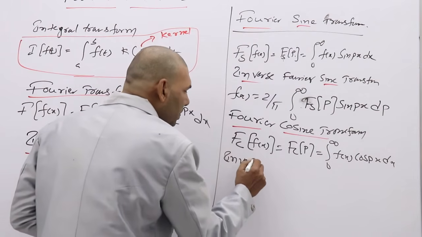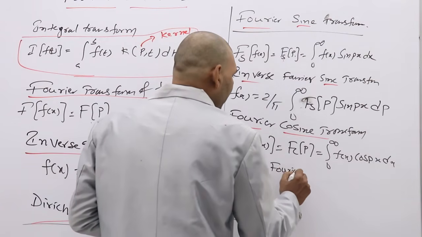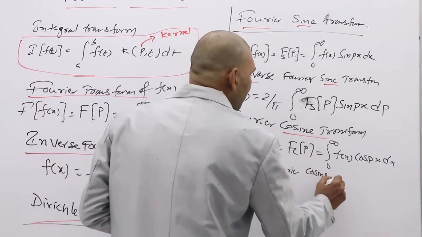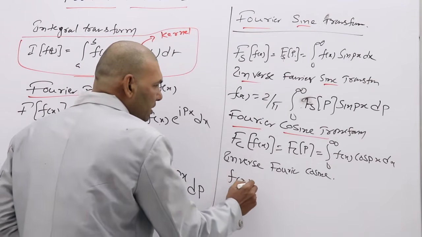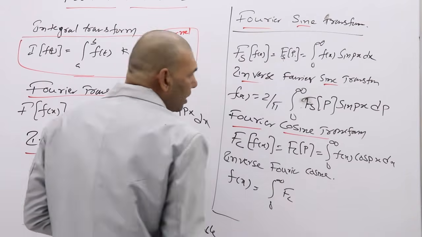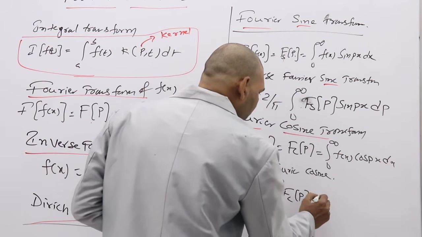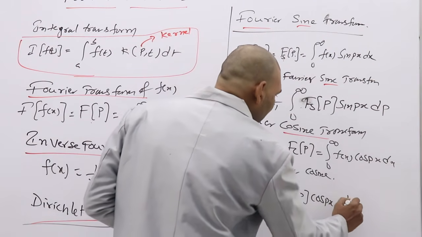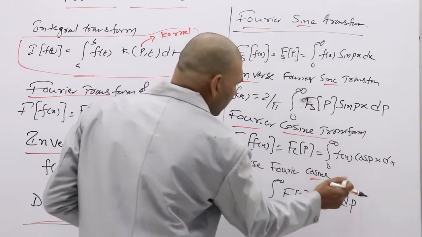Inverse Fourier cosine transform is given like this: small f of x equal to, same as previous, integral 0 to infinity Fc of p into cos px dp. So this is inverse Fourier cosine.